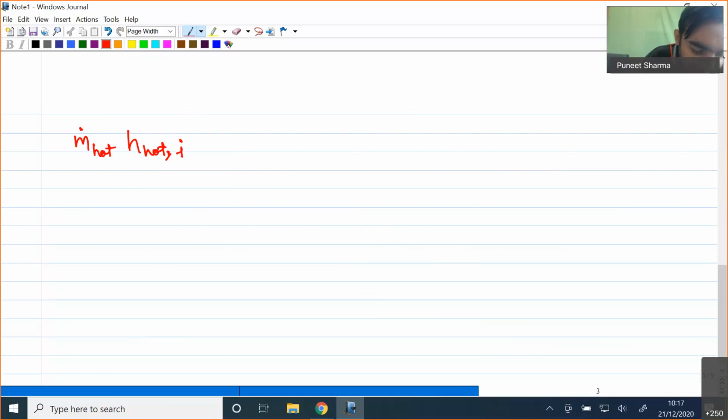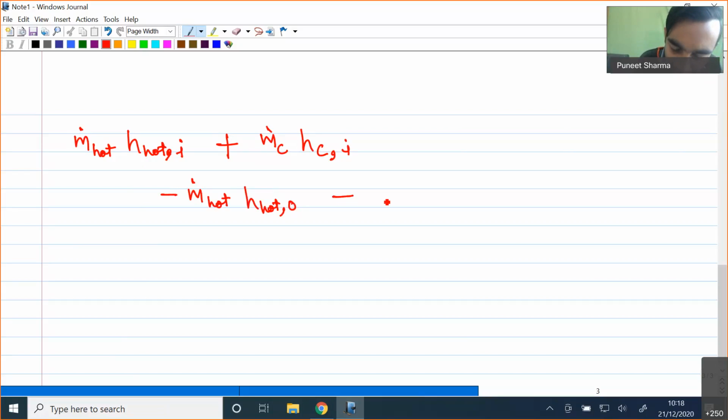Okay, so if I say this is my inlet state, then similarly in terms of cold state, what we are having? M dot C is the mass flow rate of the cold medium, and it is coming with enthalpy H C I at the inlet. After that, we are having minus M dot hot, the mass flow rate of the hot medium at exit, into H hot comma O, so exit state.